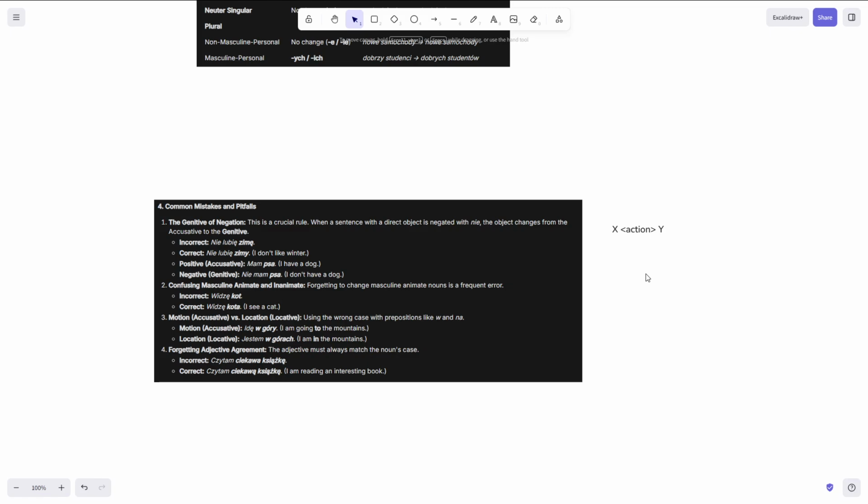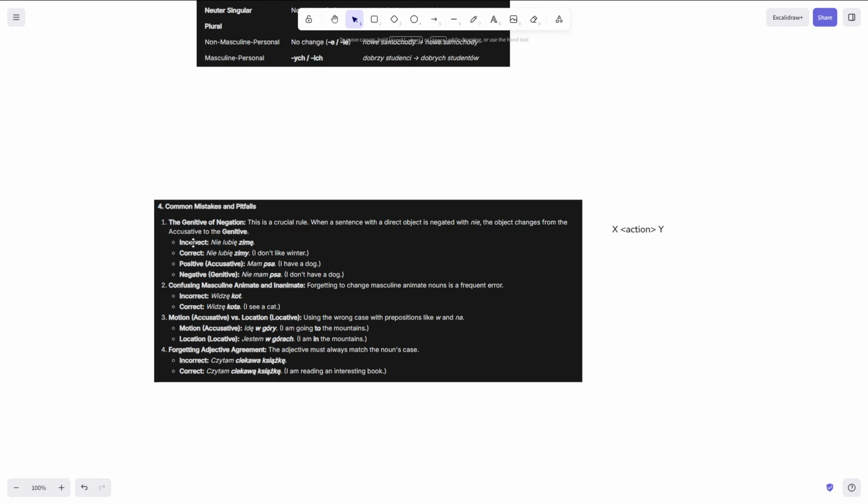And of course, if we have a negated sentence, you should remember this from the video about genitive. When you have this formula that X performs the action on Y, but the action is negated, using our Polish word nie, which means no or not, then the Y will not be in accusative, but in genitive, okay?